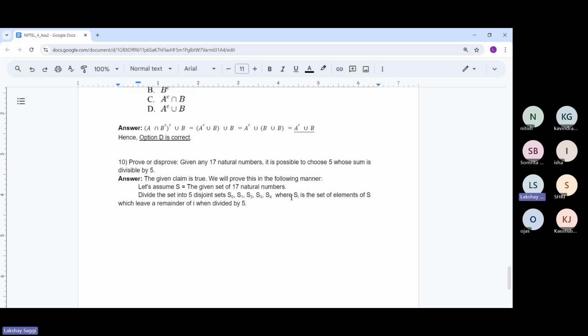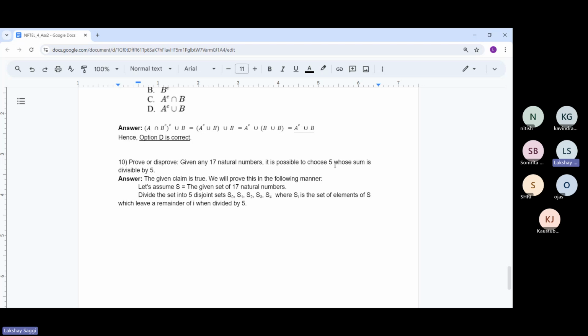So what do I mean by this? Note that whenever we divide a number by 5, there are only 5 possible remainders, right? If a number is divided by 5, the remainder can be 0, 1, 2, 3, or 4. This is pretty high school math stuff, that the remainder always lies between 0 and divisor minus 1.